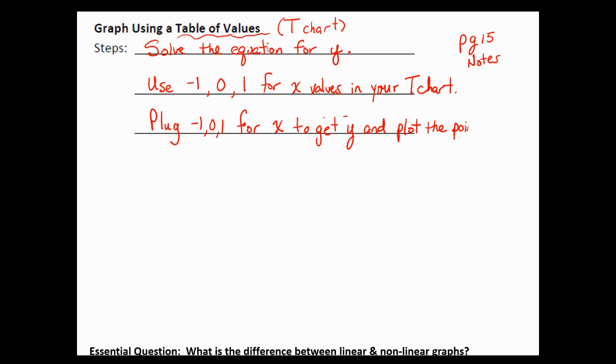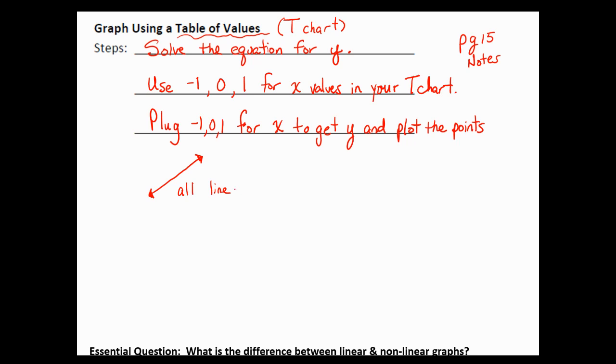So your 3 dots that you get when you plug in -1, 0, and 1 should come out in a straight line. If they don't, then either your math is wrong or you put the points on incorrectly, okay? So now remember, all lines are straight and they have arrows on each end.